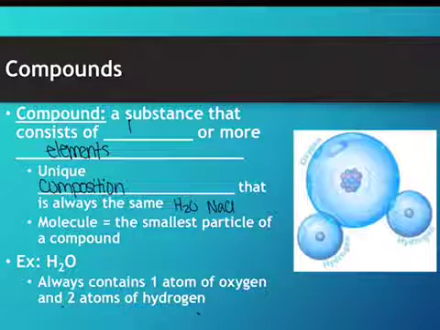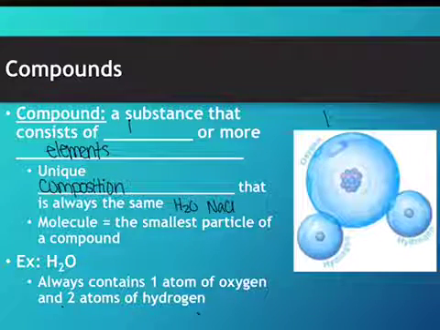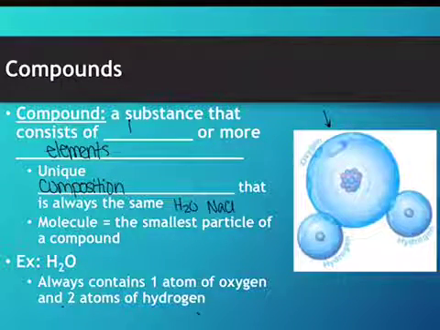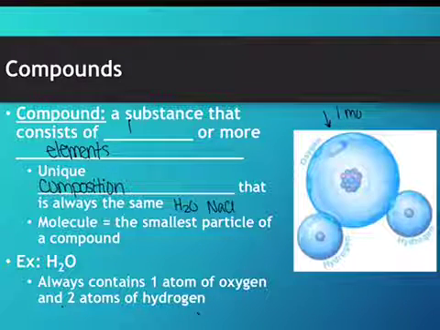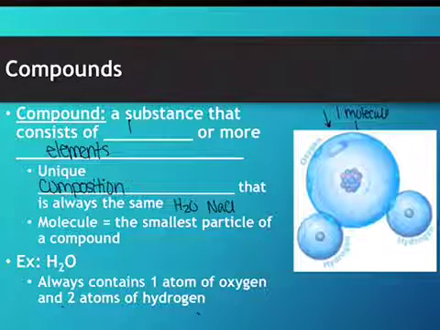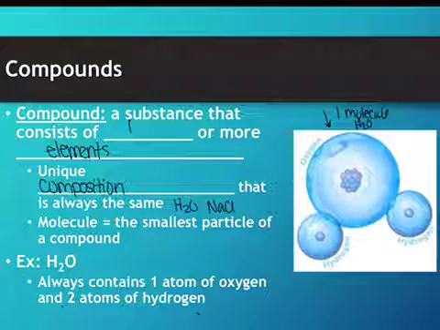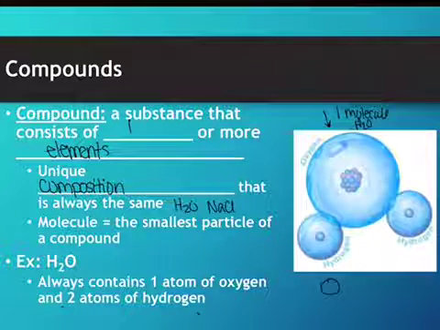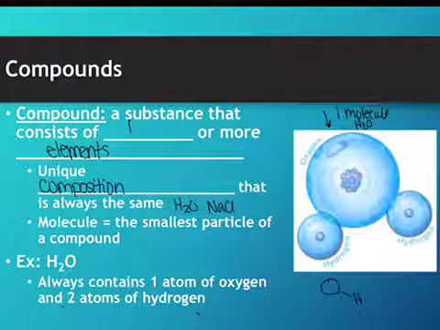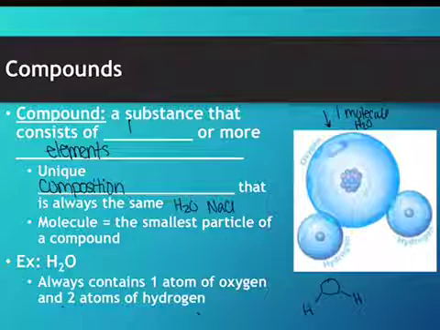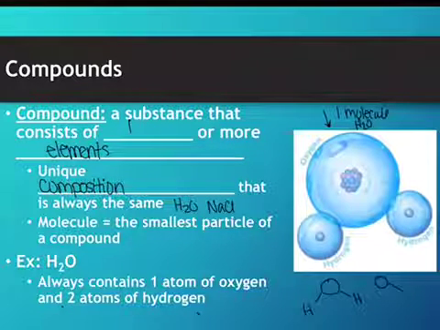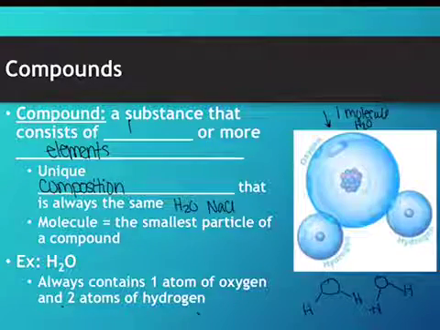And then the molecule is the smallest particle of a compound. And so here in this diagram, we have a picture of 1 molecule of water. If we were to add another oxygen atom bonded to a hydrogen, now there's a total of 2 water molecules.